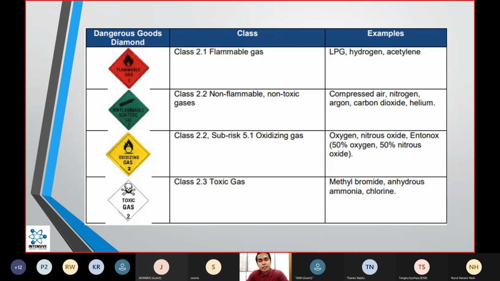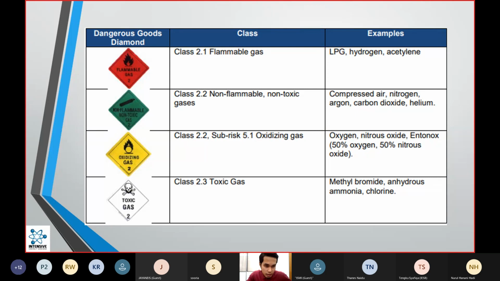If you can see the sign here, it is the red one, which means it is flammable. Examples of this type of gas are LPG, hydrogen, or acetylene. And for the green sign, class 2.2, it is non-flammable, non-toxic gas. Examples of this type of gas are compressed air, nitrogen, argon, carbon dioxide, or helium.